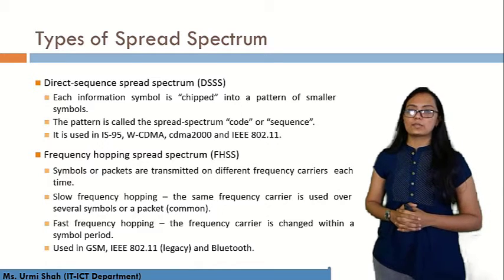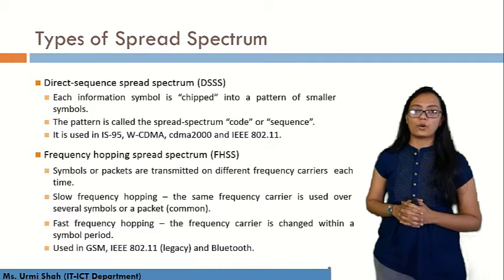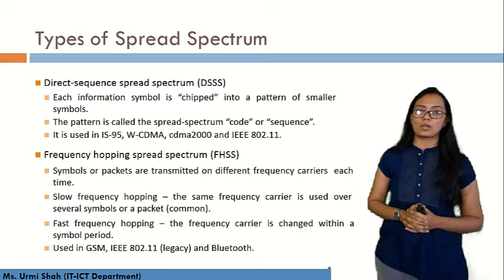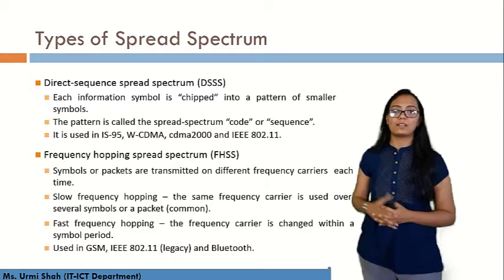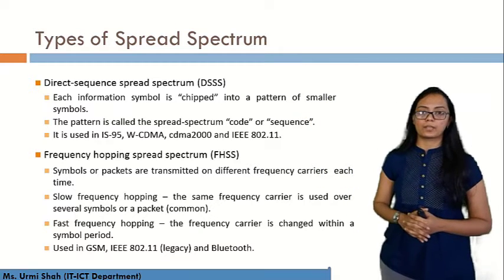The pattern is also called the spread spectrum code or sequence. It is used in the IEEE 802.11 standard, CDMA 2000, WCDMA and IS-95 standards. So these are the applications where the DSSS technique is widely preferred.